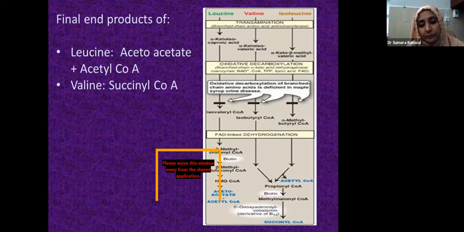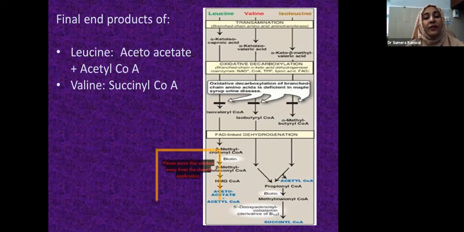Isoleucine again gives two end products. It gives acetyl-CoA, then the remaining chain can form propionyl-CoA. This propionyl-CoA ultimately gives succinyl-CoA.